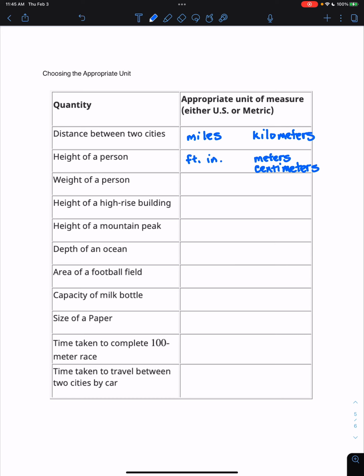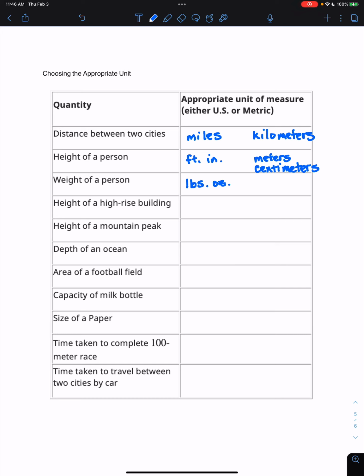The weight of a person in the US system, we would use pounds. I don't know why it's abbreviated LBS. Maybe somebody wants to find that out, but that is the abbreviation for pounds in the US system. We might also use ounces, but generally just pounds for the weight of a person, unless it's a baby.